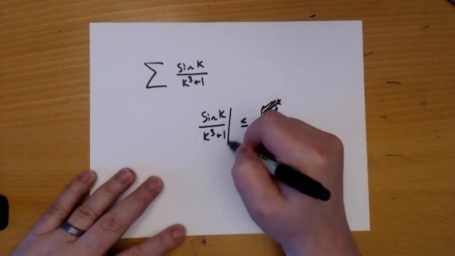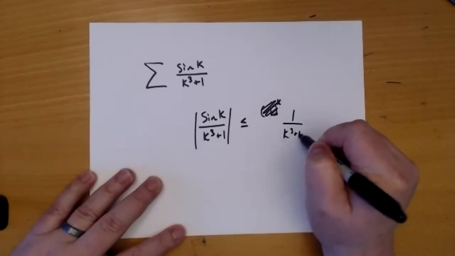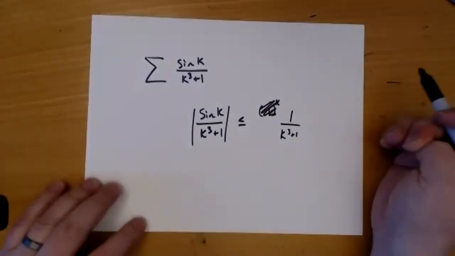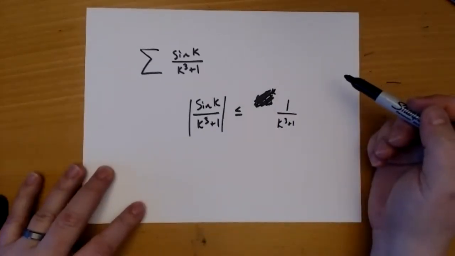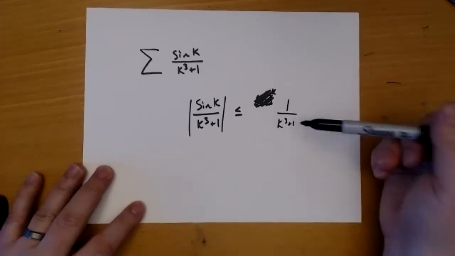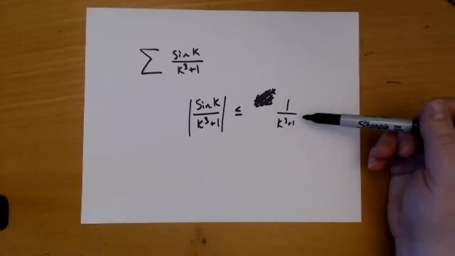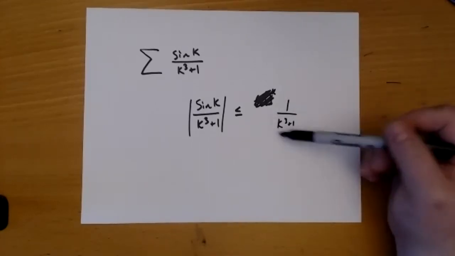I can just put an absolute value on it. Now, tell me, does this guy converge? How would you prove that this converges?